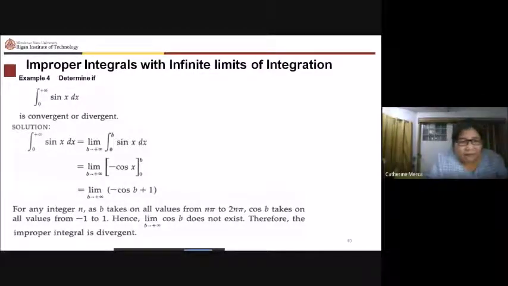Then, example 4: the integral of sine x dx, convergent or divergent? You have from 0 to positive infinity, so b approaches positive infinity. You take the limit from 0 to b, and the upper limit gives negative cosine of b, as b approaches positive infinity.